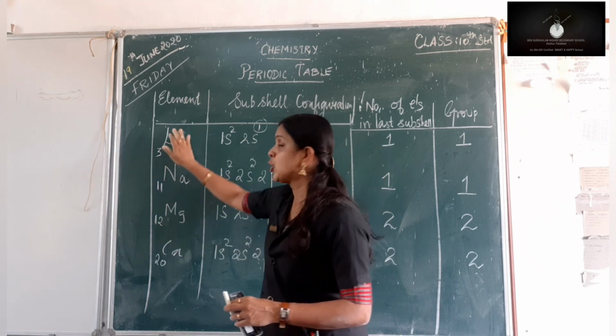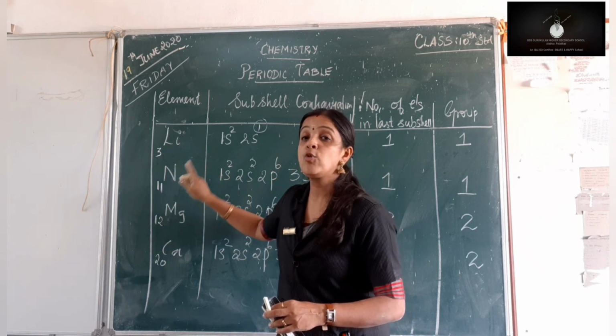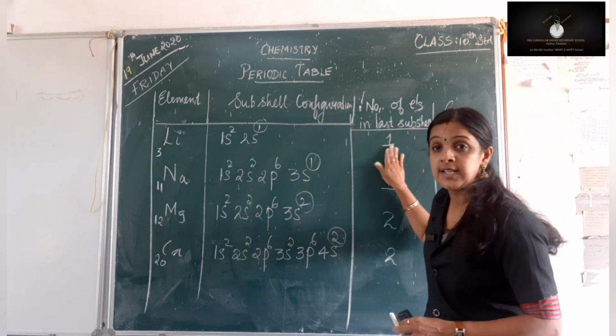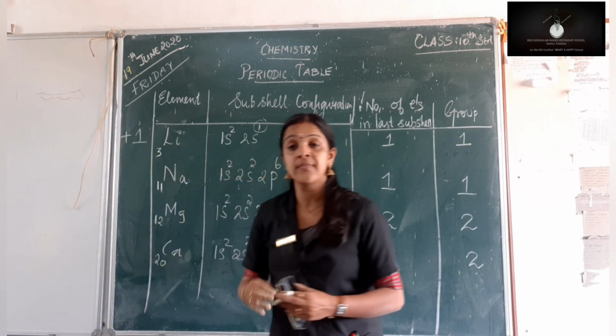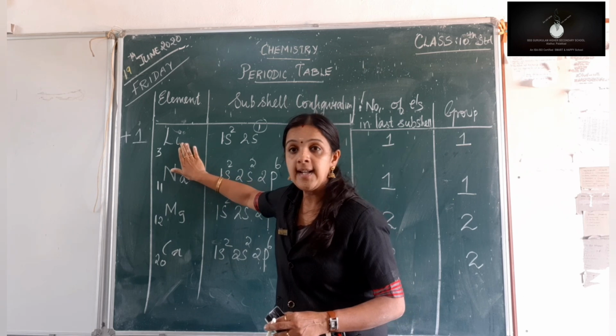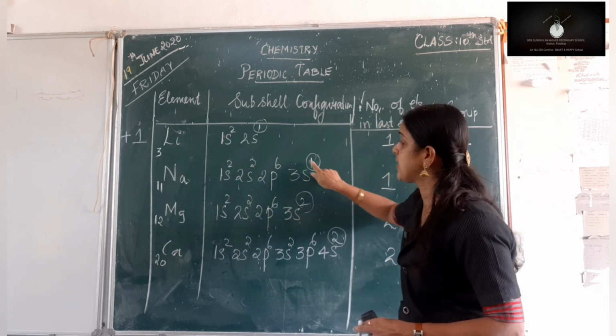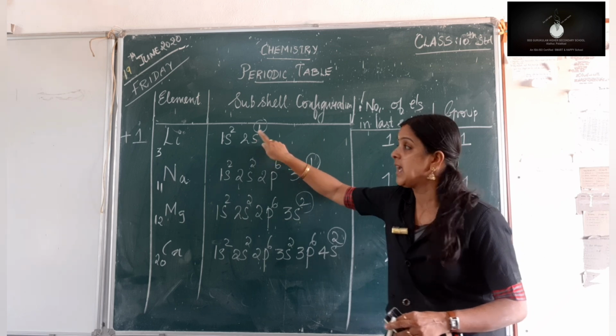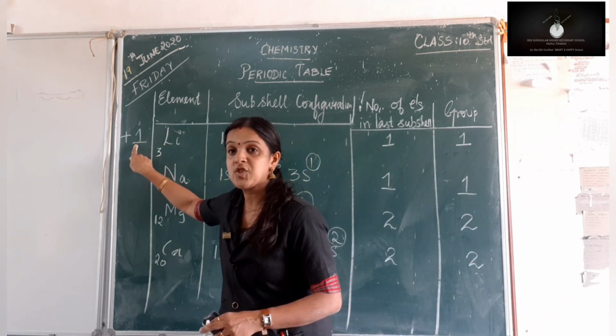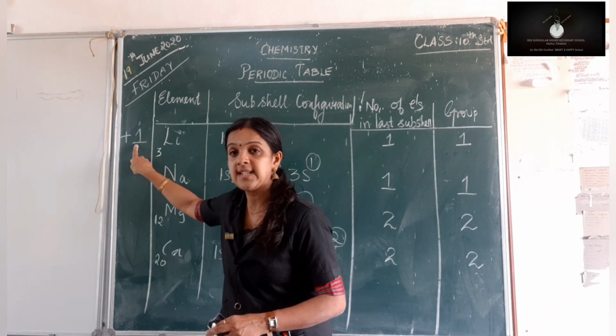So here group 1 elements lose 1 electron, so they become +1 oxidation state. I repeat, group 1 elements can lose only 1 electron which is present in the last subshell and become +1 charge, that is oxidation state.